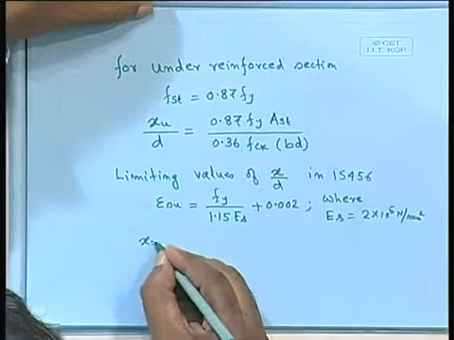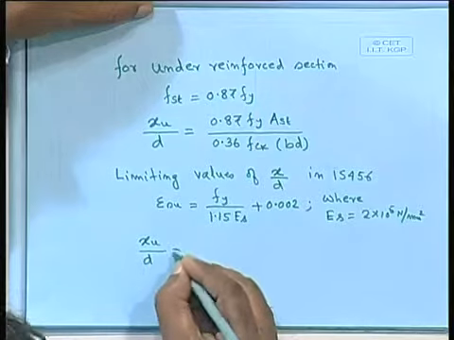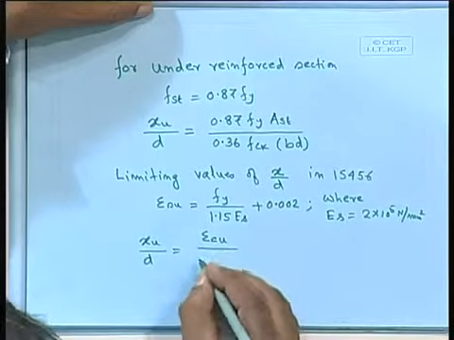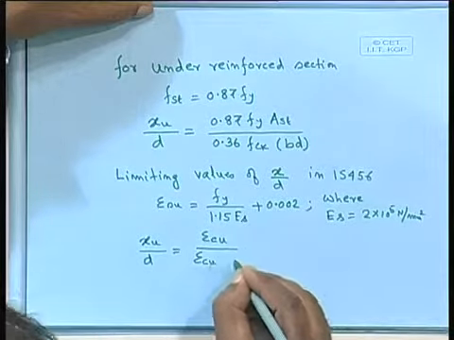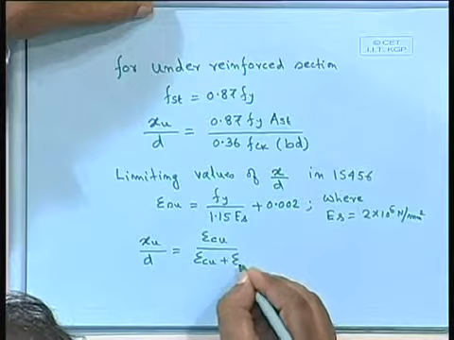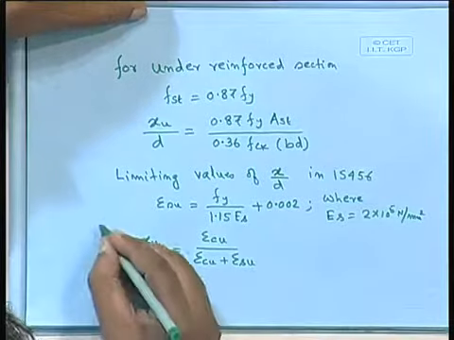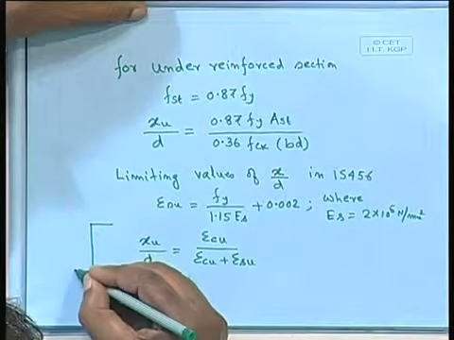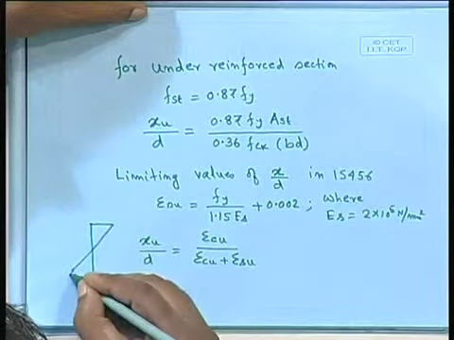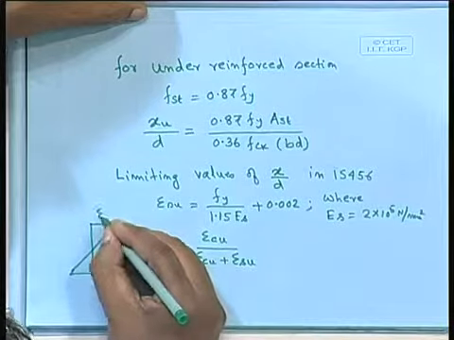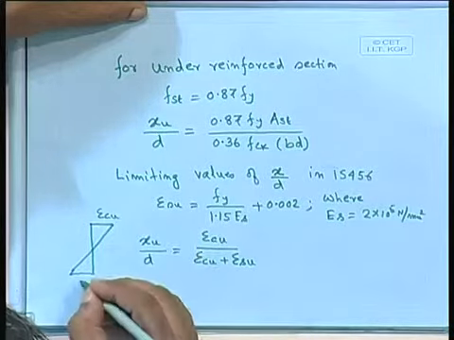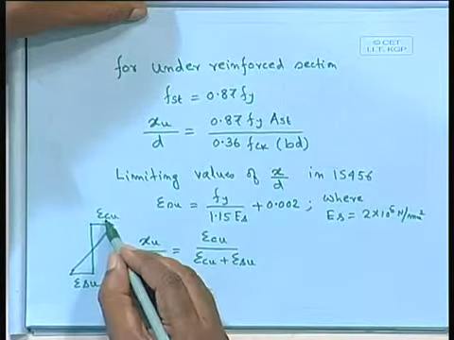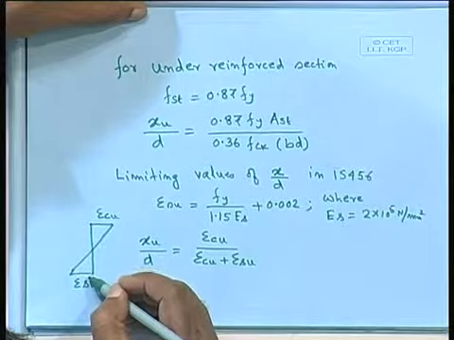xu by d equal to epsilon cu divided by epsilon cu plus epsilon su. Where from am I getting? I am getting from the strain diagram. This is epsilon cu and this one epsilon su.